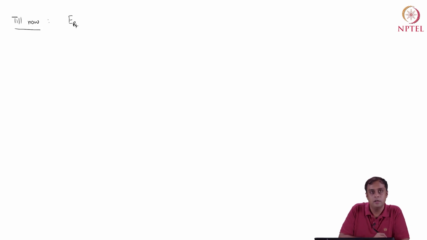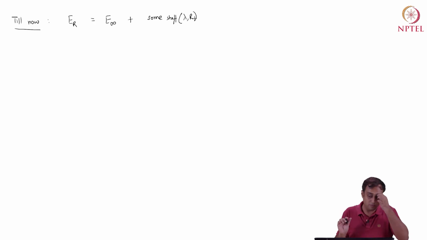All right. So as a next step, before we go on, we have a formulation for E R. We know that E R is E infinity plus some stuff, and this some stuff is a function of lambda and R. We understand that now.